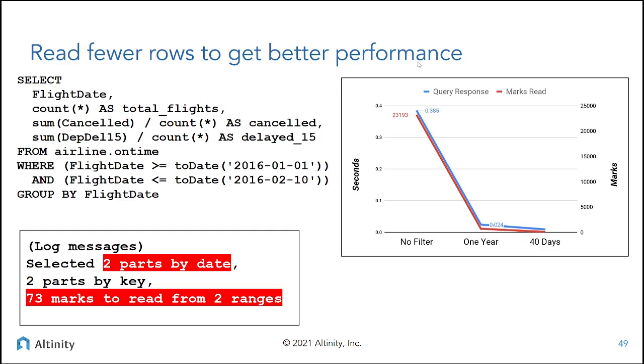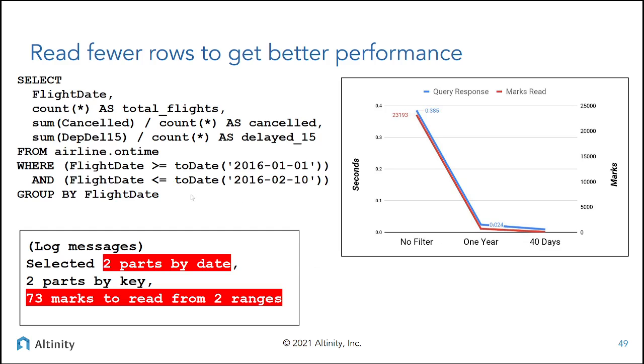We call it marks. I'll show you what they are in a second. And here you can see an example of the amount of marks. These are blocks of data that we had to read. It correlates directly with the time that this query requires. So it's as simple as that. We're scanning the table, so the less data you scan, the faster you go.